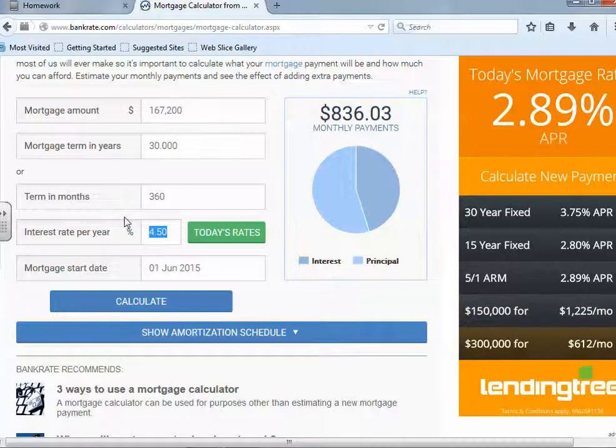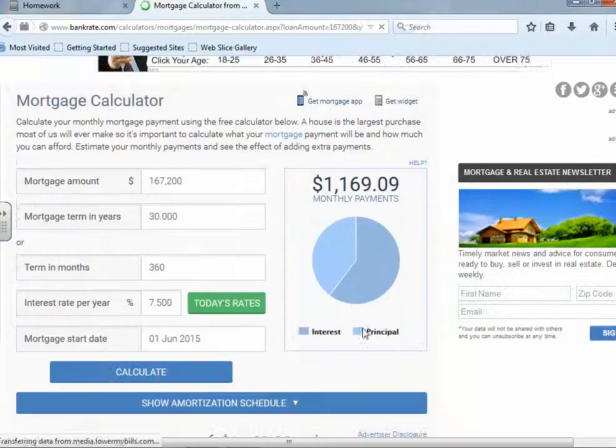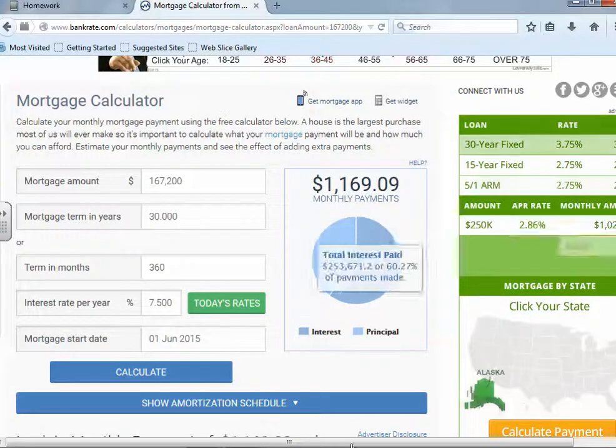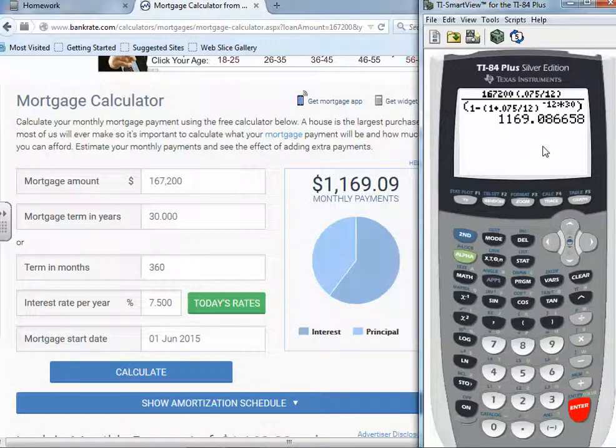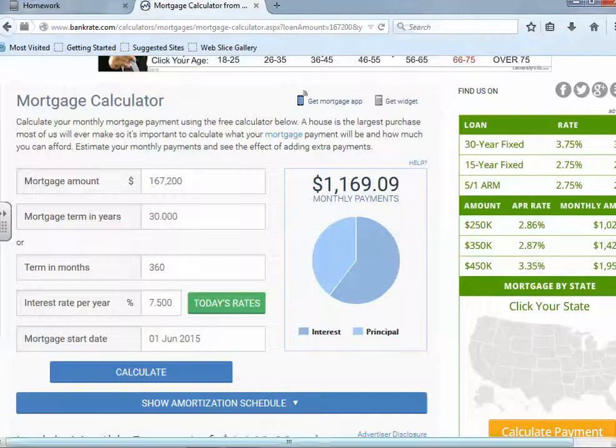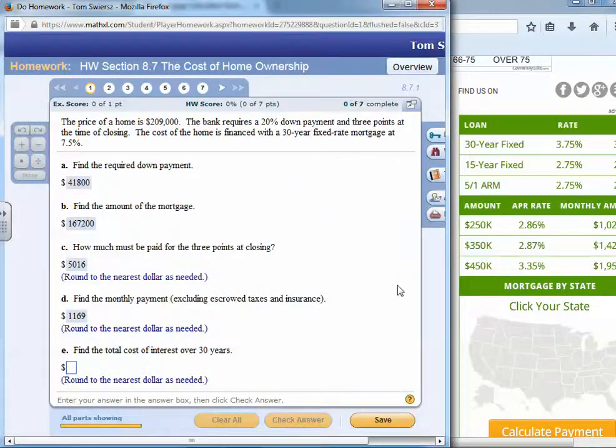And the rate for our problem was 7.5%. Don't worry about the start date. Then go ahead and hit calculate. And our monthly payment is $1169.09, which is exactly what we got on our calculator, $1169. They just rounded the 086 to 09. So rounded to the nearest penny, it is the same exact value. So that's how you can easily use bankrate.com to get the monthly payment.